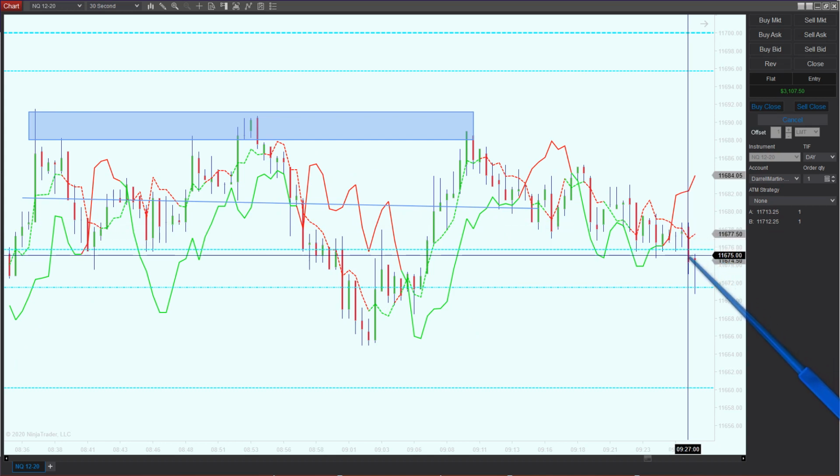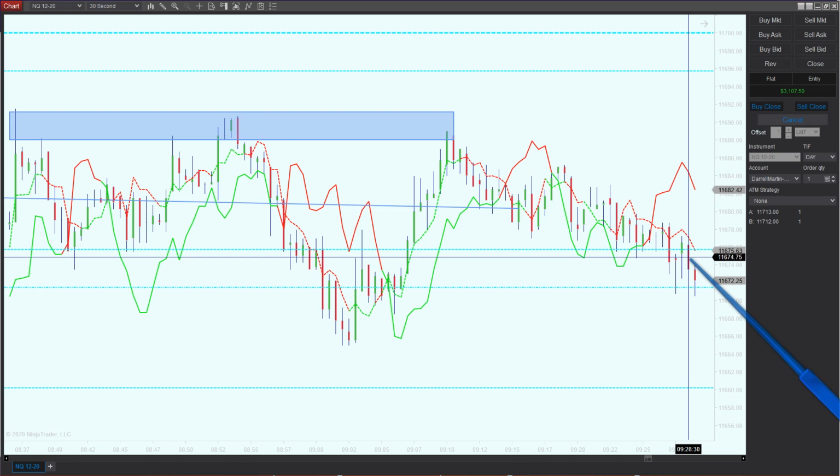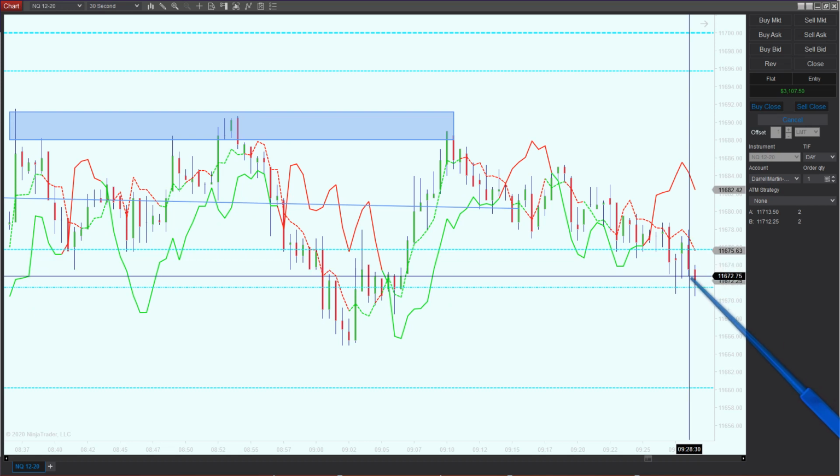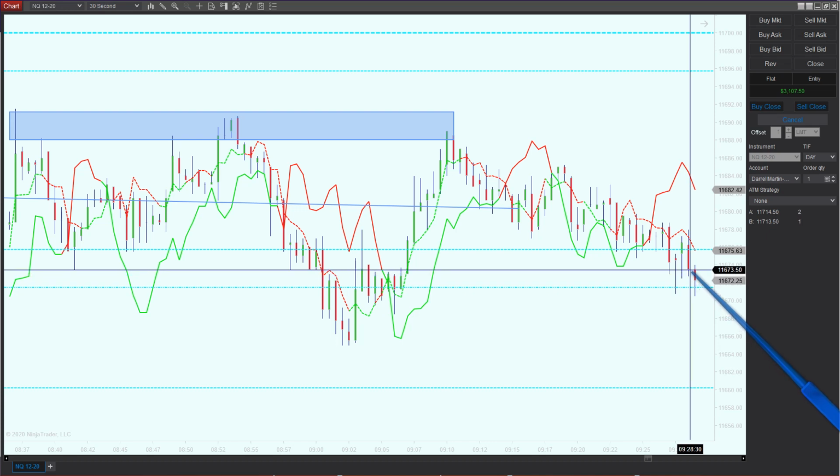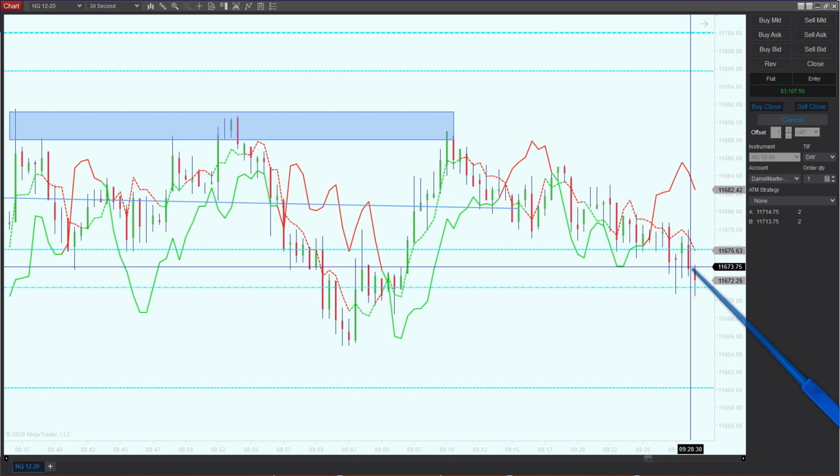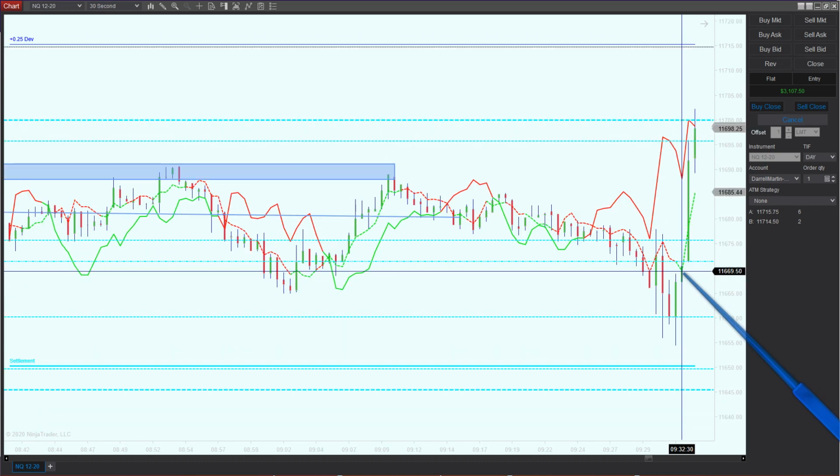Never got a short there. Let's see, no short. Just now getting a short right into this wall. Do you like that trade? What else is wrong with this trade? The time of day. It's in the dark zone. Oh, things go nuts.